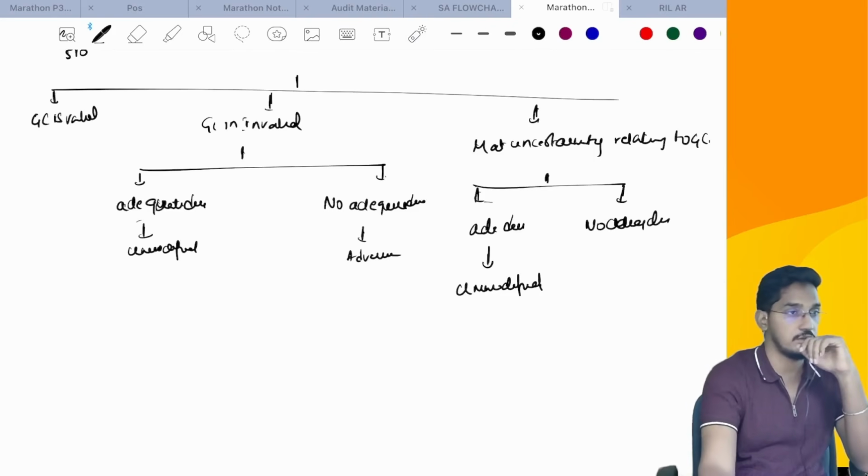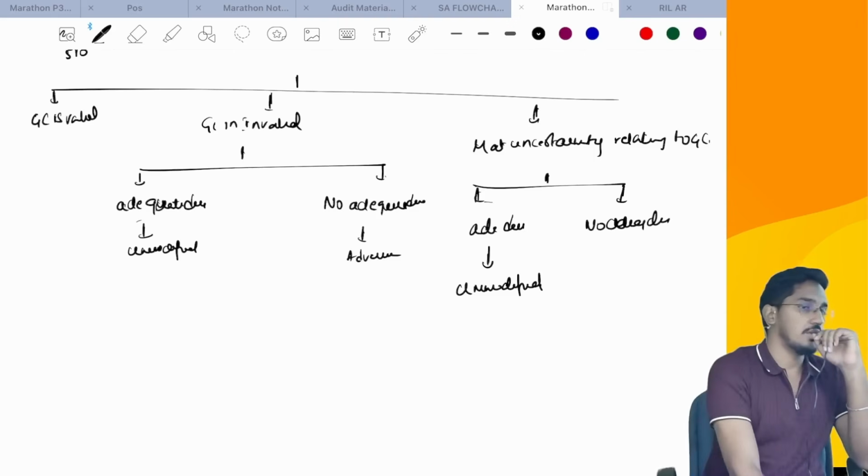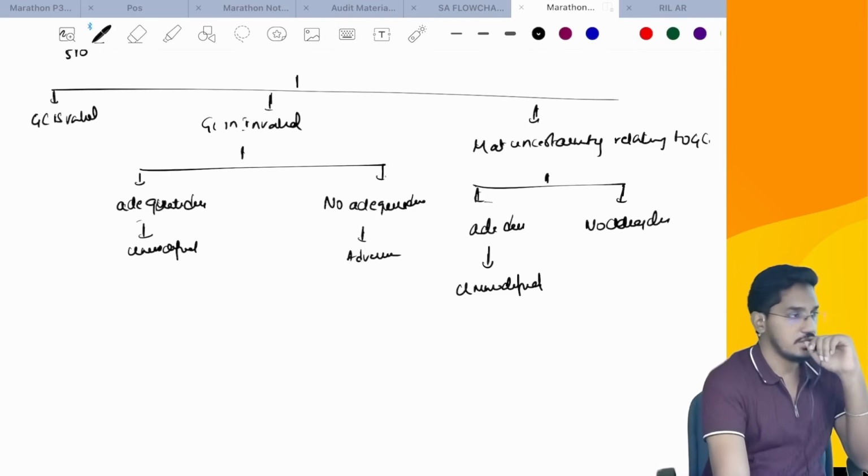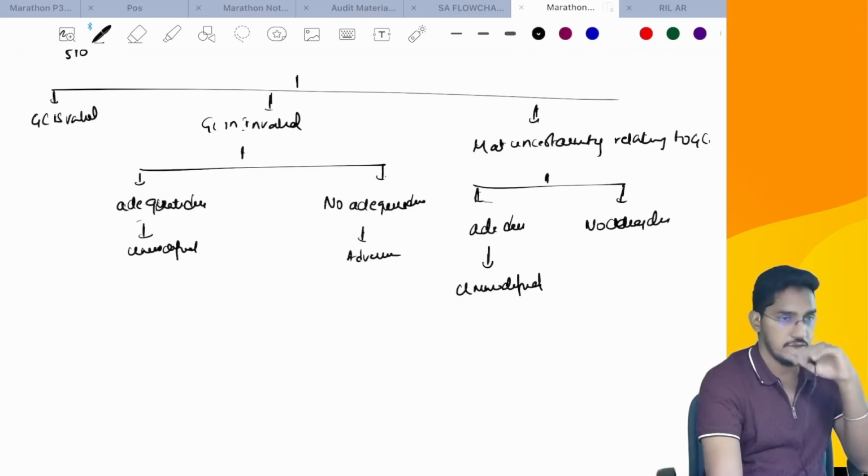But see, management, without any fault of theirs, has already disclosed and presented this information in the financial statements. But don't you think this is very fundamental to users' understanding of the financial statements? Don't you think the auditor needs to highlight this somewhere in the auditor's report?